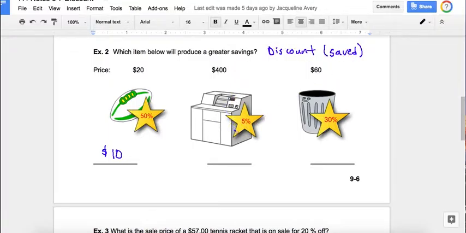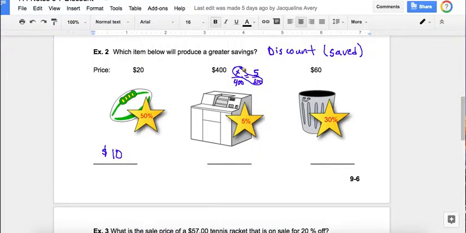Now, this one, I have to set up a proportion here. So we're getting 5% off, and we know the cost is $400. So let's see here. We'll work it out right here. So percents over 100 and X over the cost. So X is going to represent the discount or the amount saved.